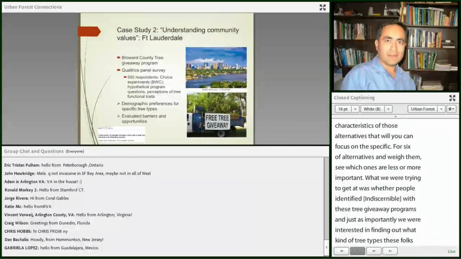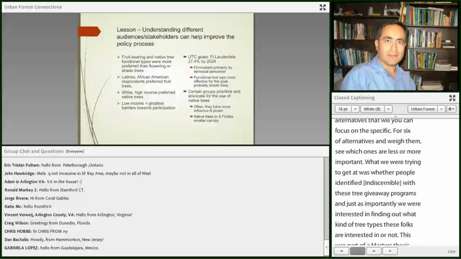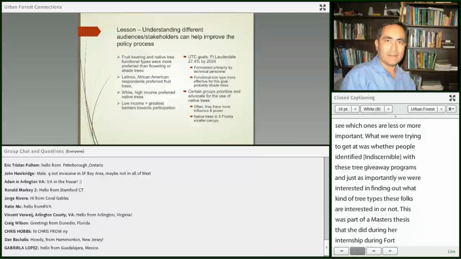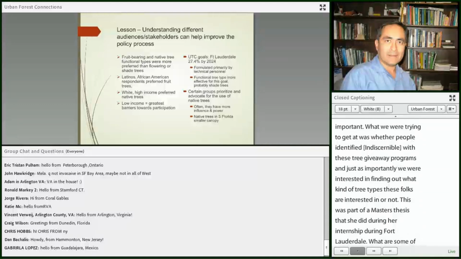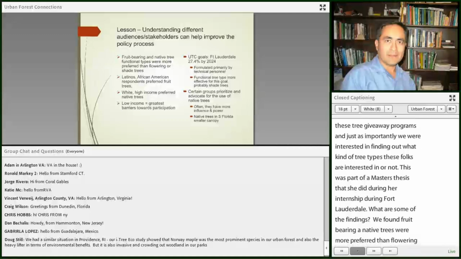And this was part, again, of a master's thesis from Leah Dawes that she did during her internship there at the City of Fort Lauderdale. So what are some of the findings? So we found that fruit-bearing and native trees were more preferred than flowering or shade trees. And again, you have to stop and think there about the importance of shade trees in obtaining these tree canopy goals. Okay.